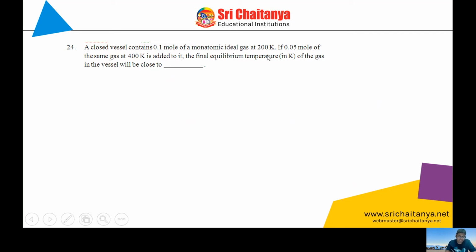And I am assuming for the calculation of this that this is an insulated vessel, with no heat transfer between the vessel and the surroundings. So I am assuming that the internal energy of the gas is conserved. So before mixing the internal energies are say U1 and U2, and after mixing the combined internal energy is say U. So U1 can be written as n1 Cv into T1, and U2 is equal to n2 Cv into T2.